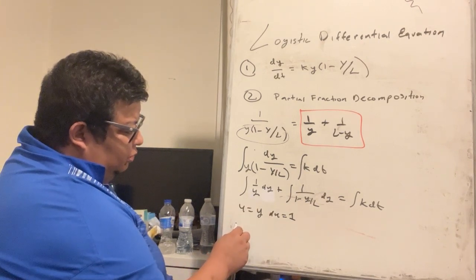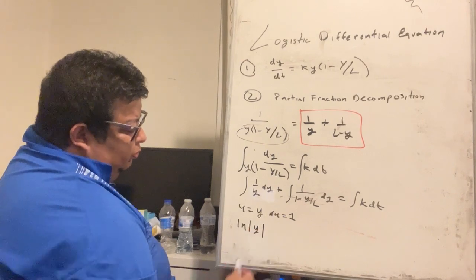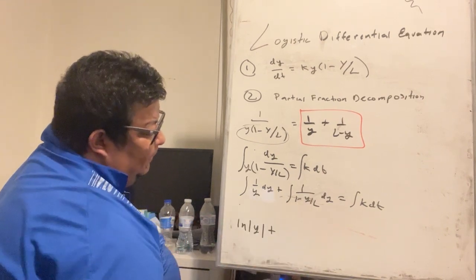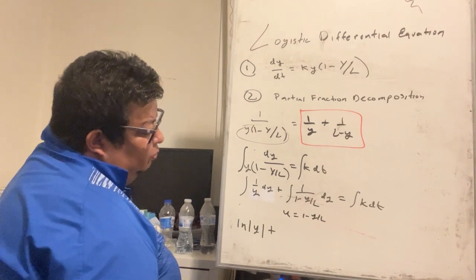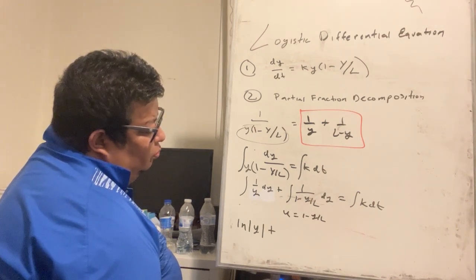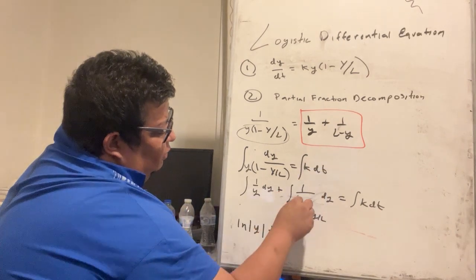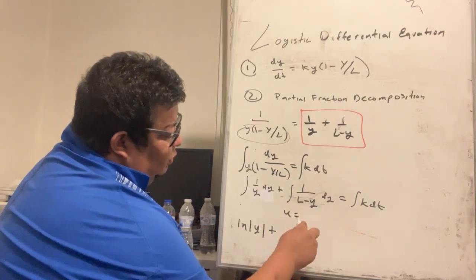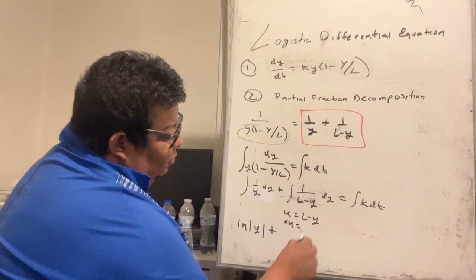So this integral becomes ln of y plus, now for the other one, we already did the decomposition, this one becomes 1 over (L minus y). So we let u equal L minus y and then du equal to minus dy.